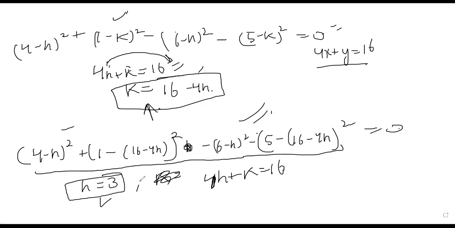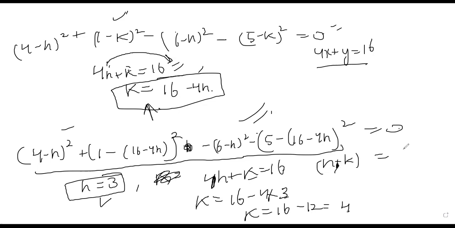So if we got h, can we find the value of k? k equals 16 minus 4h, and we found h as 3. So k will be 16 minus 12, which is 4. So h and k will come out to be 3, 4. That's how we will do this question.